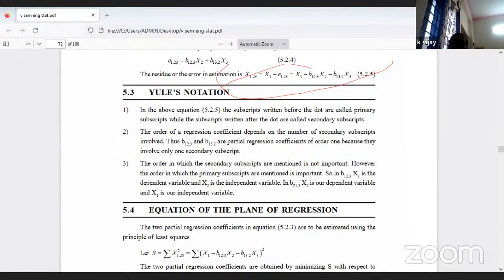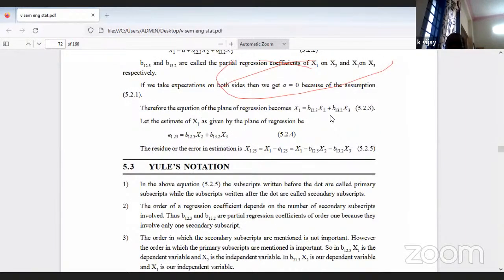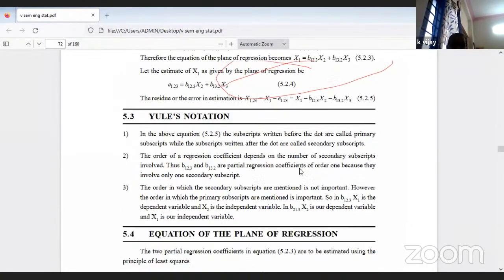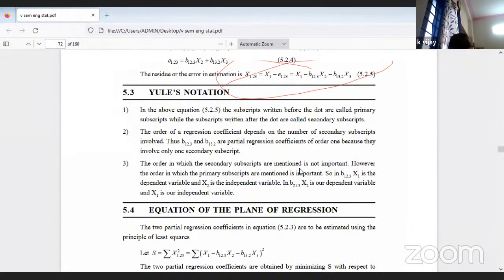Here x1 is the dependent variable, and b12.3 and b21.3 are not the same.